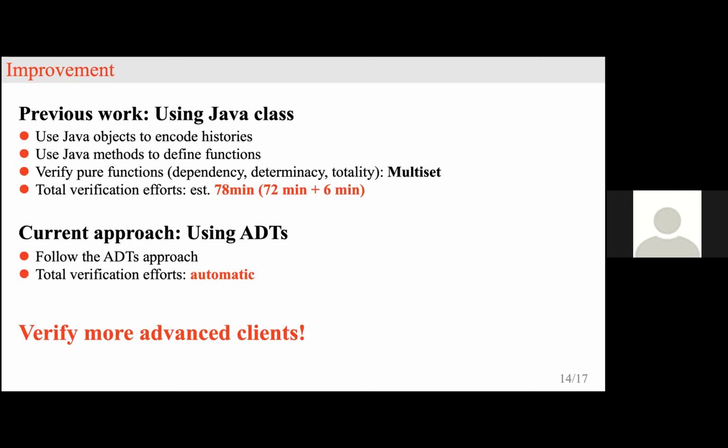But for our ADTs, we don't need to care about the multiset because it's just a definition in Isabelle. We follow the ADT approach, and the example with our ADTs is automatic, so the whole verification effort is automatic. Because our method is a big improvement, we want to verify more advanced clients.